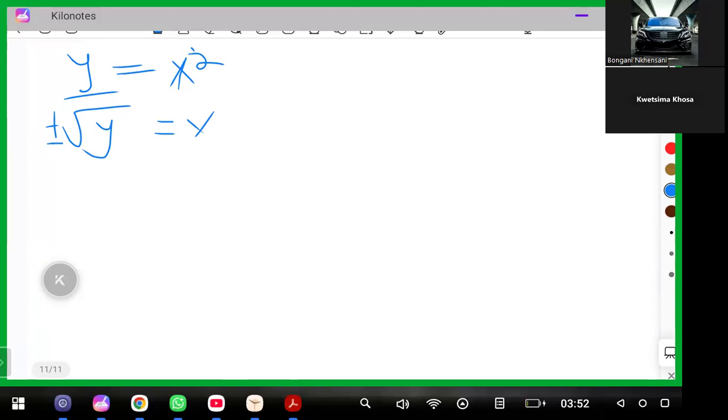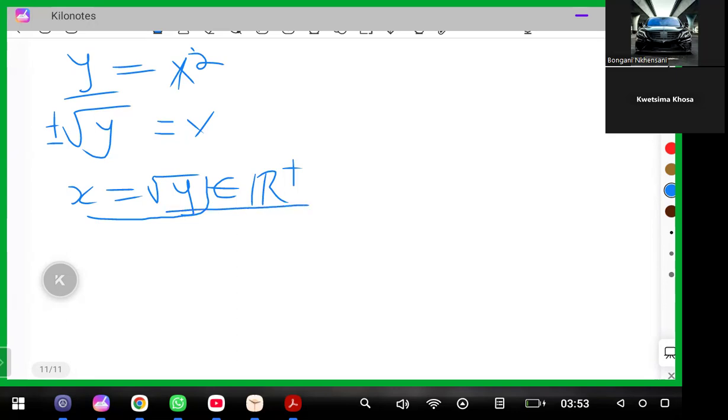So for x being equal to the root of y, an element of R plus, this will satisfy element of real numbers for any y being an element of real numbers.